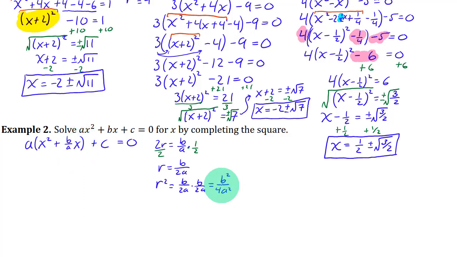And then we also need to subtract it so that we're not actually changing the equation. So that's going to be A times x squared plus B over A times x plus B squared over 4A squared minus B squared over 4A squared. And then we still have the plus C and still equal to 0 there.